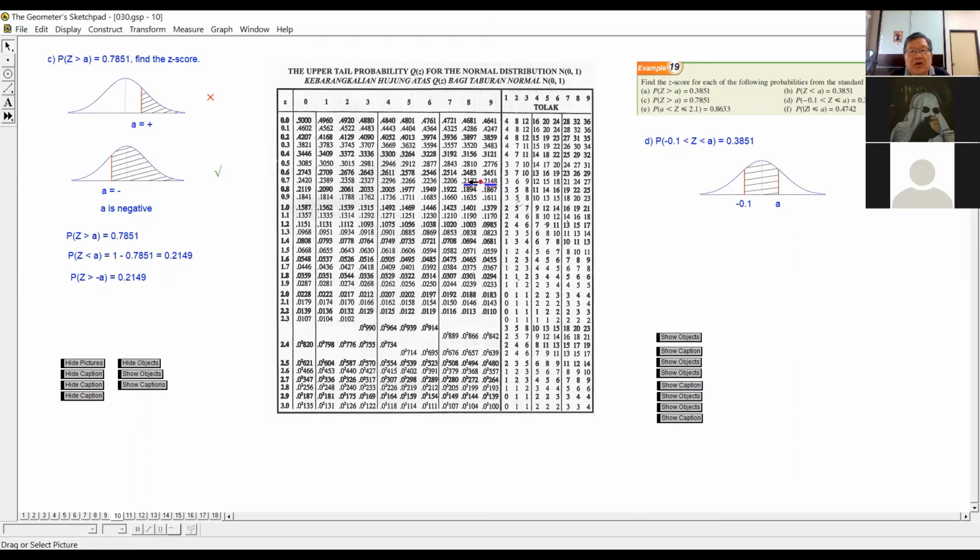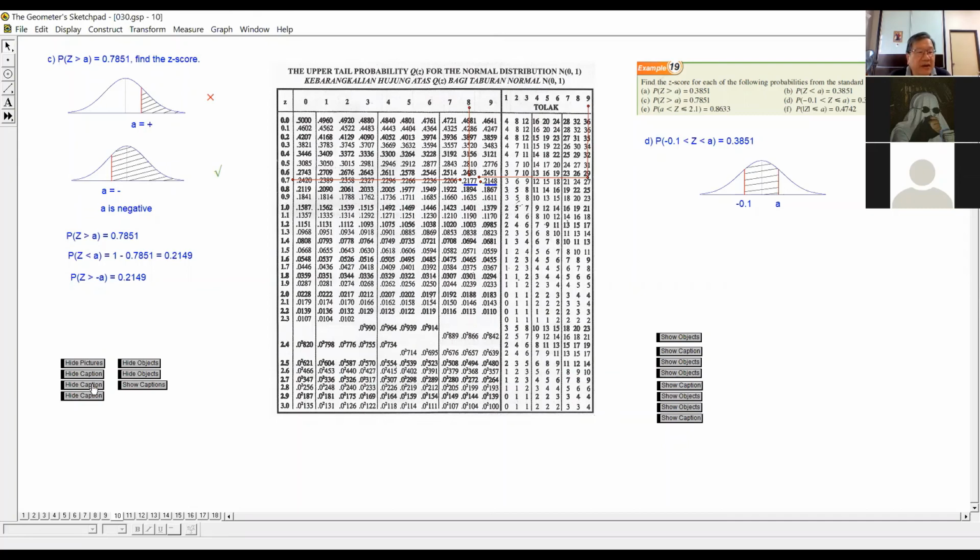Now we are going to choose 2177. What is the difference between 77 and 49? 28, right? The difference between 2149 and 2177 is 28. Oh, no, the nearest number is 27. So I choose 27, and 27 corresponds with 9.